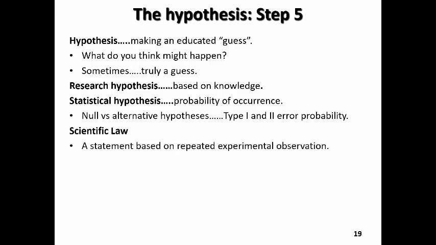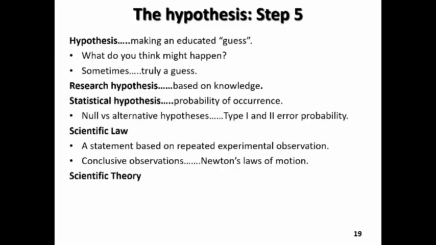To understand and develop a hypothesis, oftentimes scientific laws form the basis of the hypothesis, which is a statement that's based largely on repeated experimental observations, and that leads to conclusive observations. One such example includes Newton's laws of motion. This is quite a bit different than what's called a scientific theory.